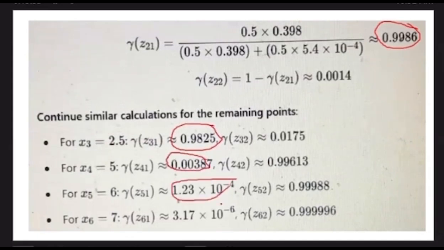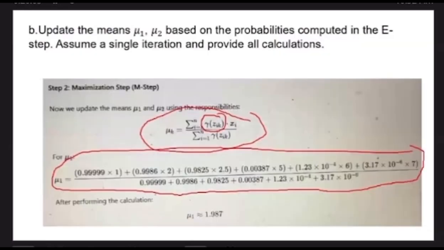You can see I'm not using the second one for now. It's the first one, multiplied by the corresponding data point, then divided by the totality of all those probabilities for cluster one. Does that make sense? And that is going to give me mu1 equal to this.